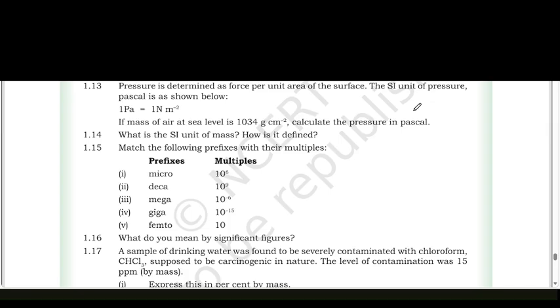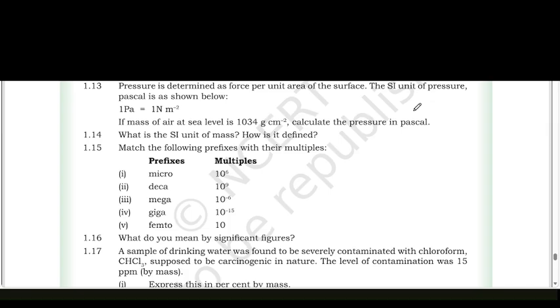Density of methanol is 0.793, so we multiply it by 1000 to convert it into gram per liter, 793.